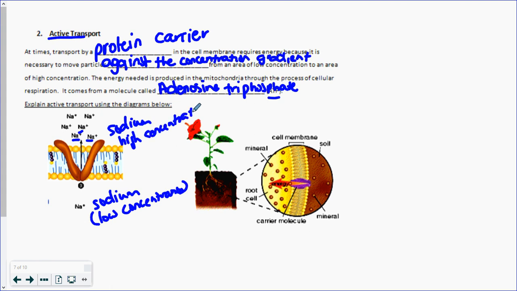And what we actually want is more sodium to get into there. So we're moving sodium against its concentration gradient from an area of low concentration to an area of high concentration. And that actually requires energy, because it's not just naturally flowing. We're kind of putting something where it doesn't necessarily want to be.